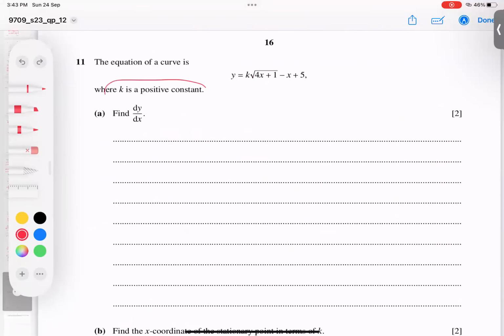He's saying a positive constant k, and we find the differentiation. It's very easy. The constant multiplying outside is untouched. The root value is a half; the half comes down, and from the power half you reduce 1, which becomes negative half.